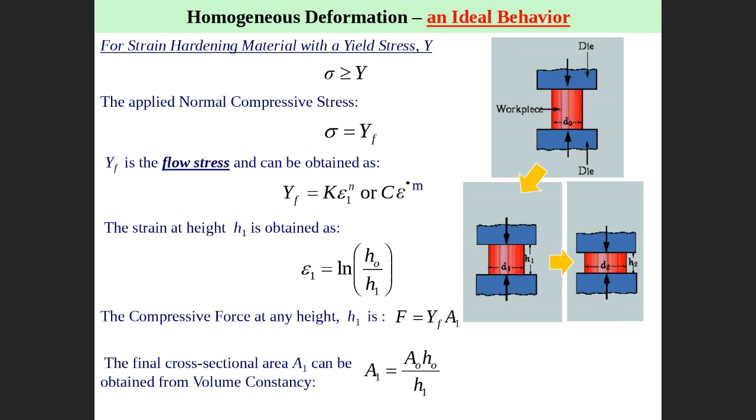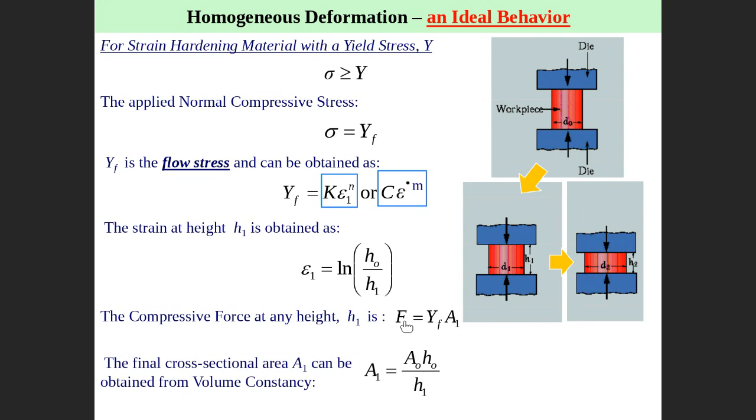In the case of cold working, this flow stress equation is fine. But in the case of warm working or hot working, you need to change to C epsilon dot^m. Epsilon here is ln H0 divided by H1, and epsilon dot equals V divided by H1.